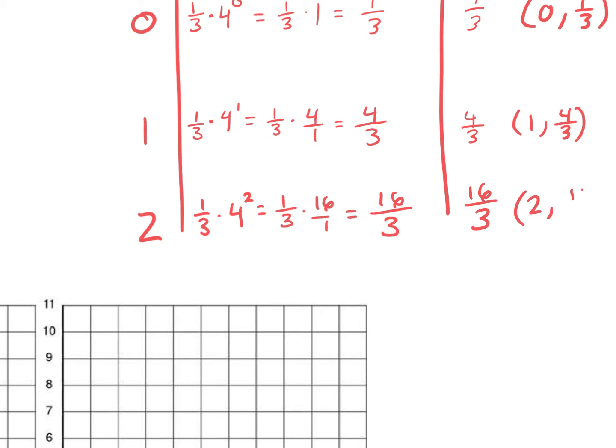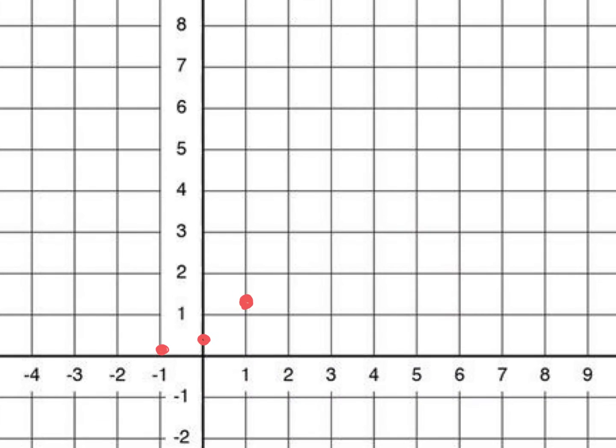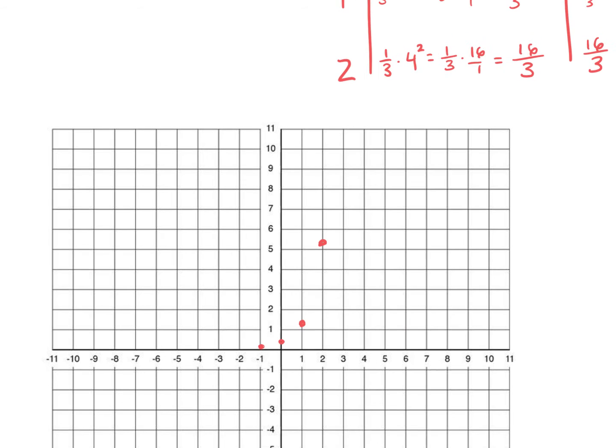Would be 2, 16 over 3. If we put 16 divided by 3 in our calculator, what's the decimal version of that? About 5.3. So on our graph, we're going to go to the right 2 and up 5.3. Once we have our 4 points, we just draw our graph.